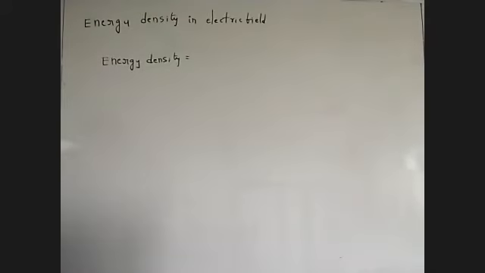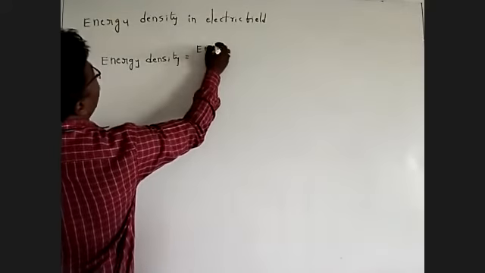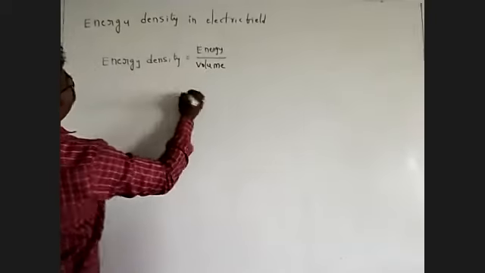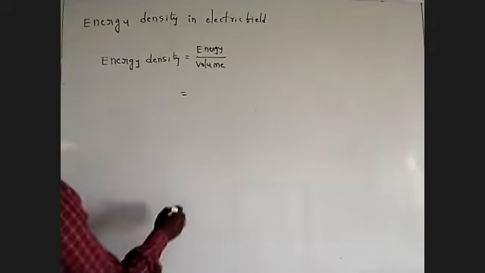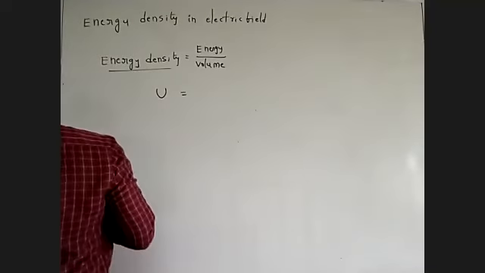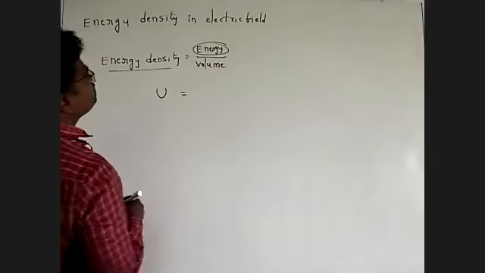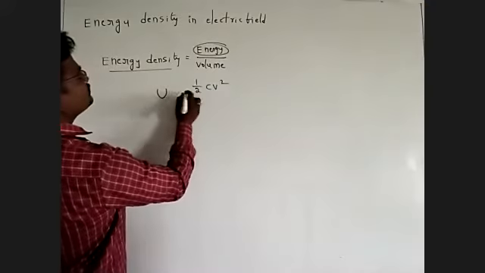Energy density is energy by what? This is the energy density formula. Energy density means U, energy per unit volume. Energy means the energy stored in a capacitor, which is 1/2 CV square.